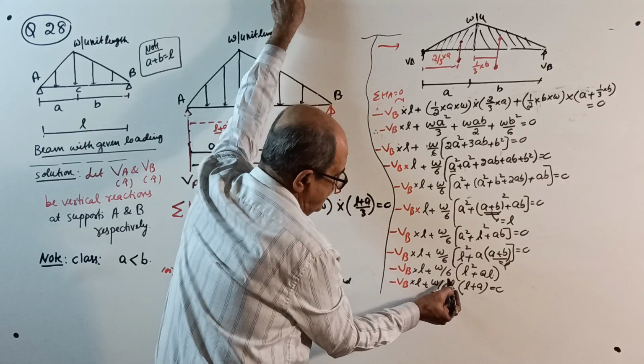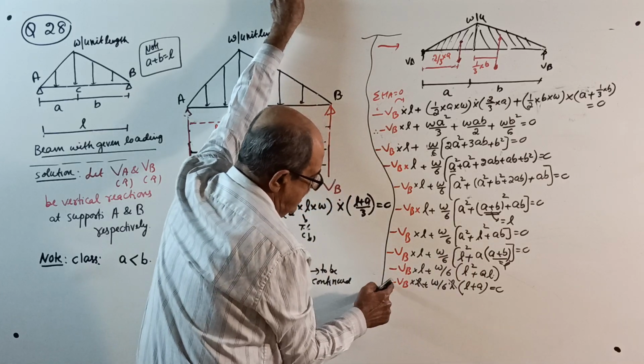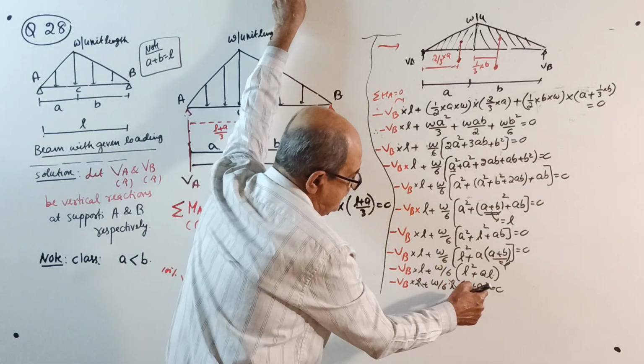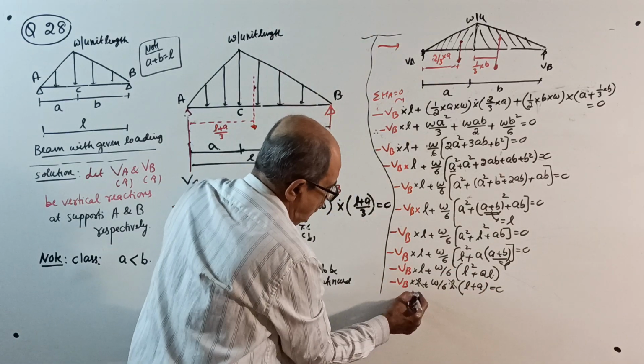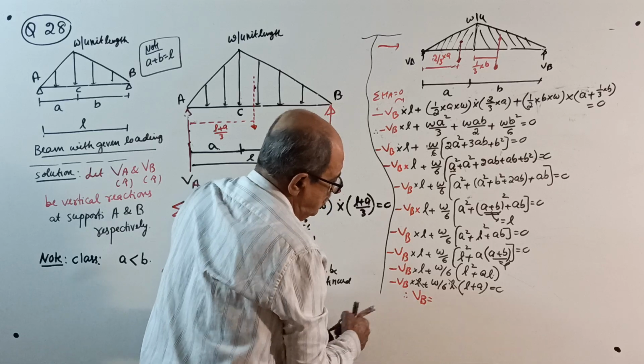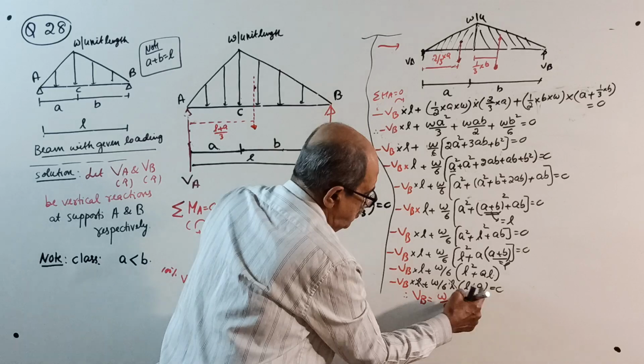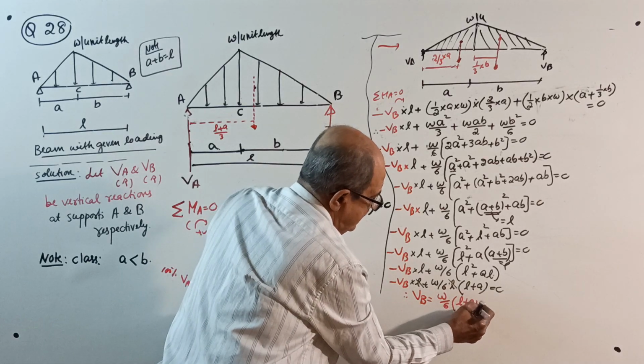Or this L and L will cancel, minus VB plus W by 6 into L plus A equal to 0. Therefore, your VB equal to W by 6 into L plus A.